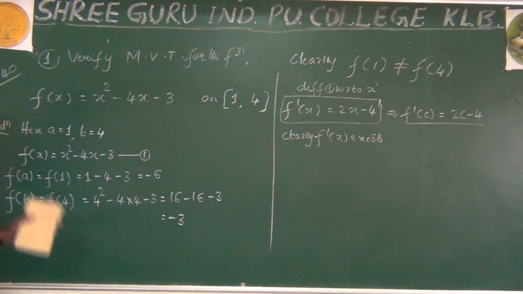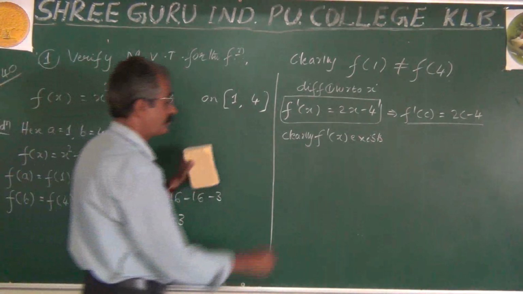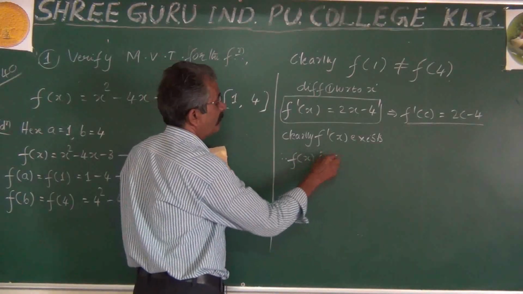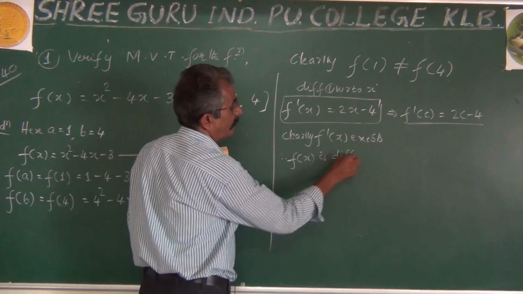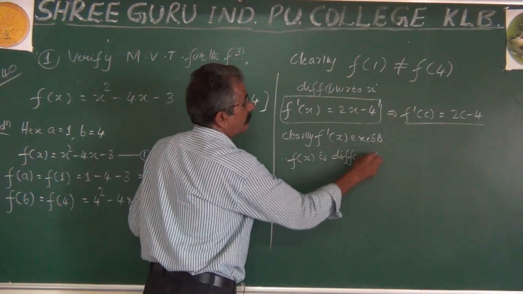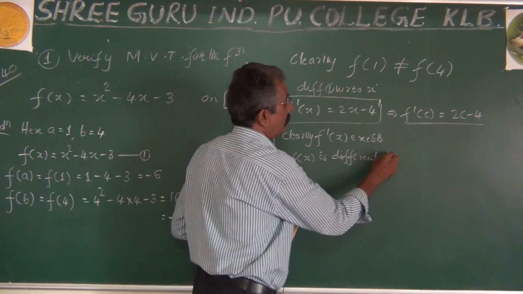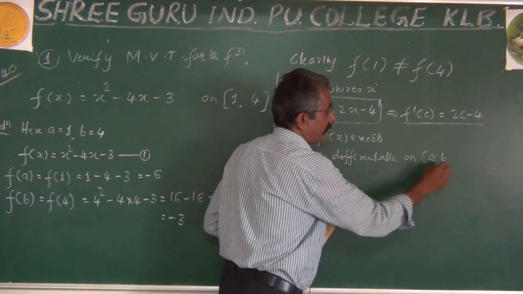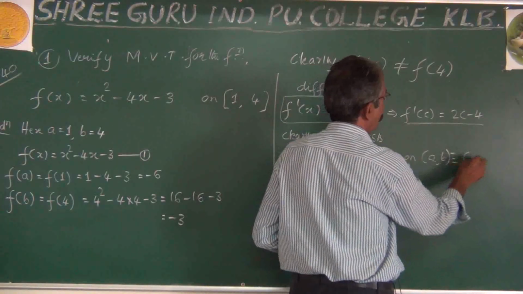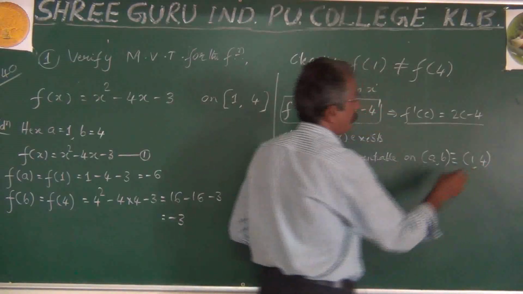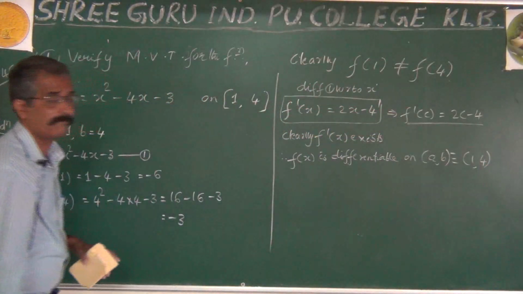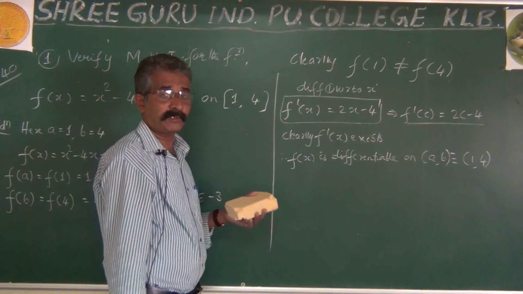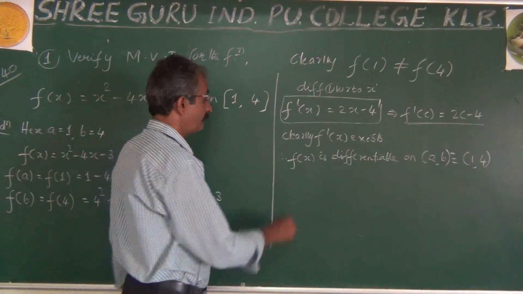So very clearly f dash of x exists. Therefore f of x is differentiable on the open interval a comma b, here 1 comma 4. And every differentiable function is always continuous.